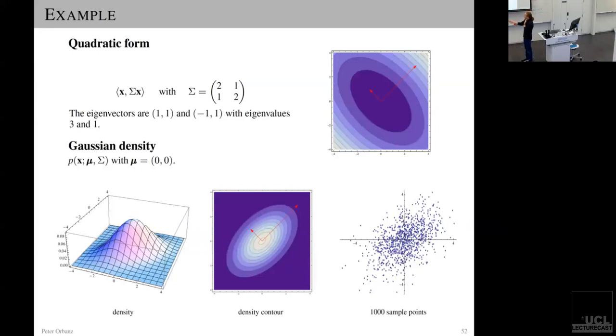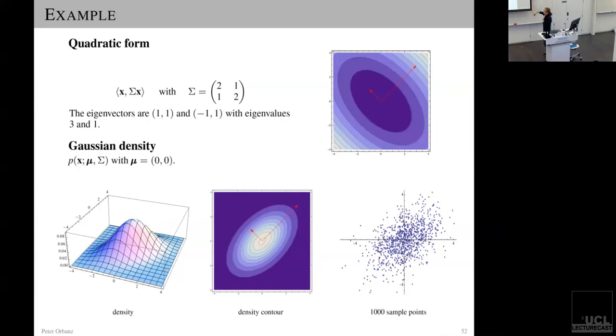How do these connect to each other? Here I've plotted the contour lines of this density. These are the contour lines of the quadratic form, and these are contour lines of the density. If you compare them to each other, you see that they are related, but they're not the same. Basically, the ellipse has rotated by 90 degrees. And here the dark colors are in the middle, and here they are at the rim.